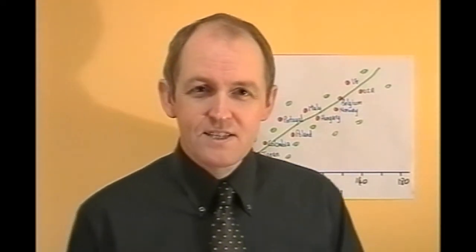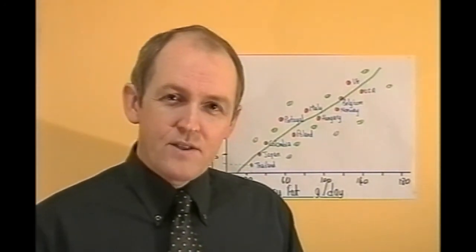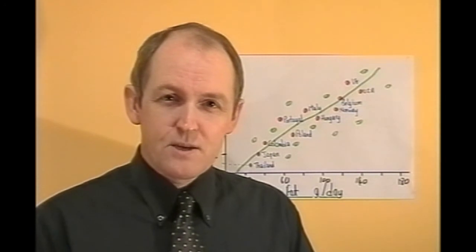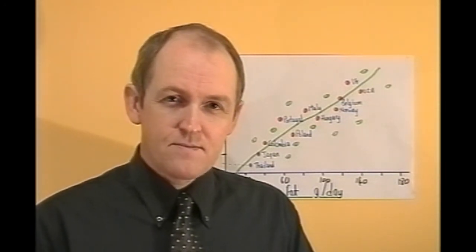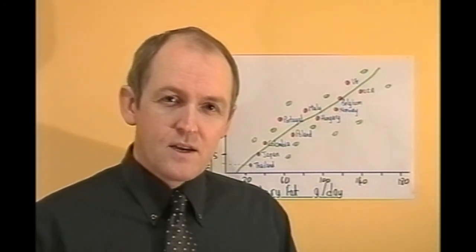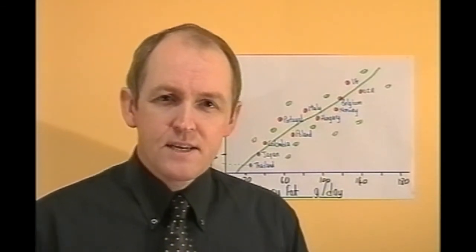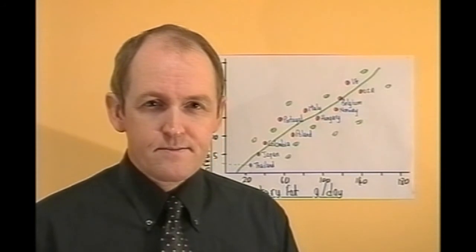Well, you've probably realised that countries with a lot of telephone ownership tend to be the richer countries, the westernised countries. Countries with low levels of telephone ownership tend to be the poorer countries.